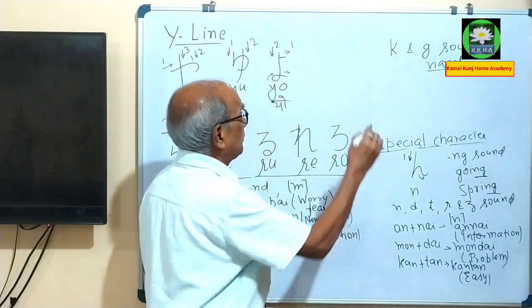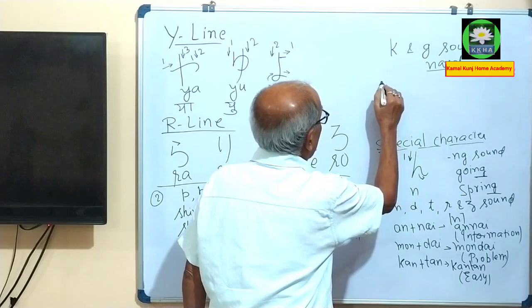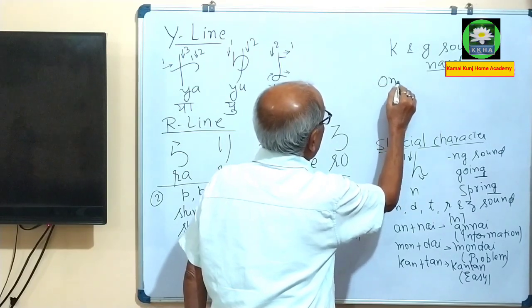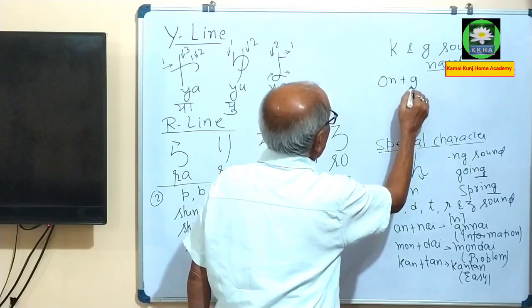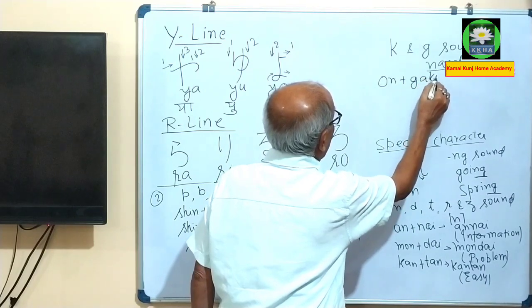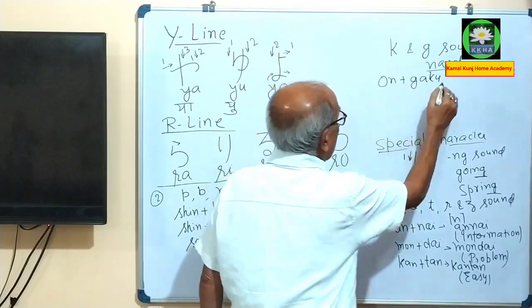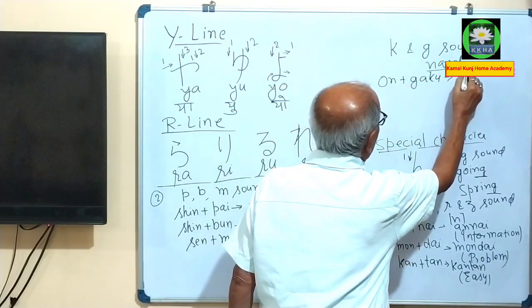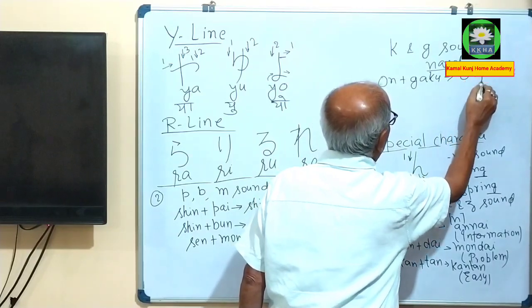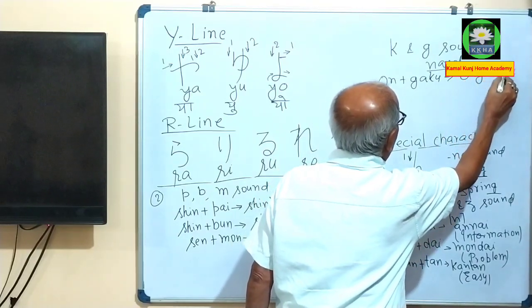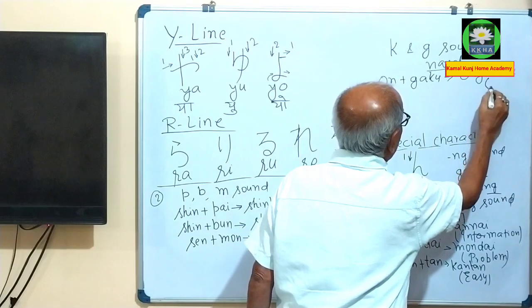For example, on plus gaku, followed by G sound, it is pronounced as ongaku. Ongaku means music.